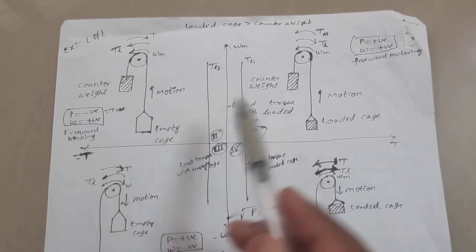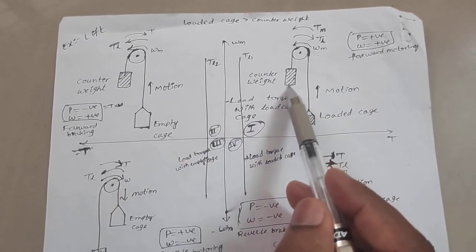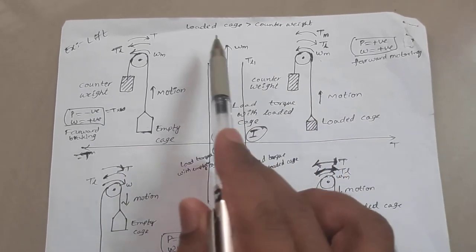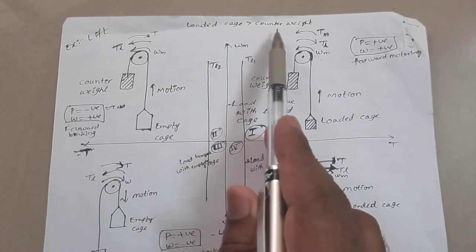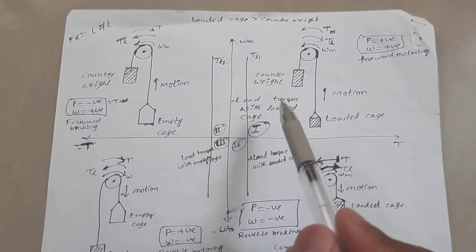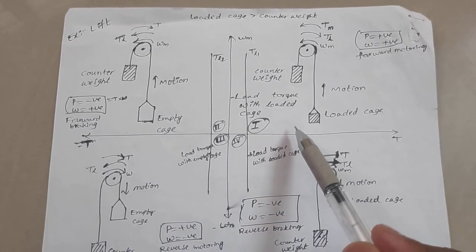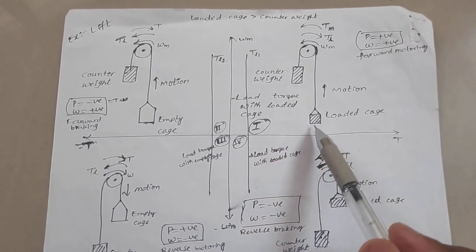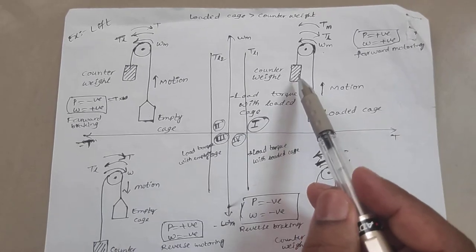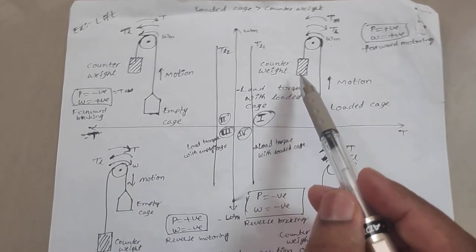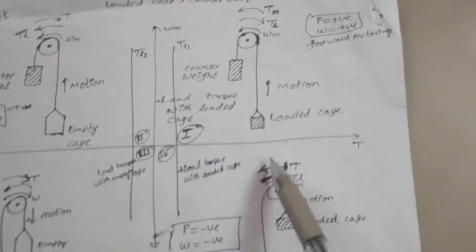The counterweight is always with hatched portion. And here the loaded cage is heavier than the counterweight, which is on the left side of the pulley. Okay, so we'll see one by one.